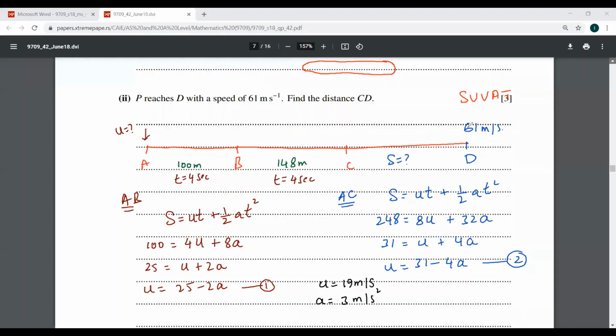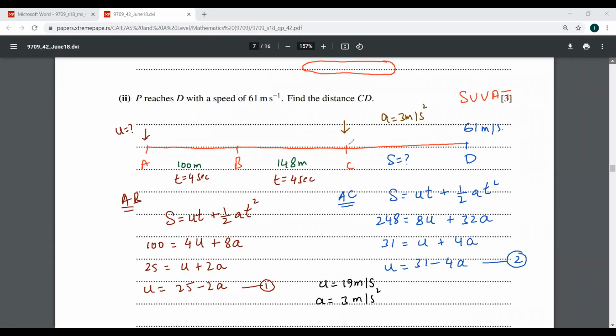So when we have to find the distance CD, I'm just going to take information from here that I am clear that my acceleration for this part, CD, is going to be 3 meter per second square. I think we can find the speed at C. Hannah?